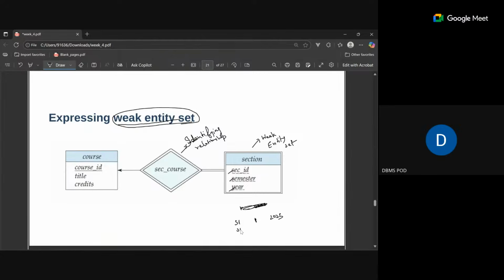Again I will have section ID 2 or 1, again first semester, again 2025, again section 1 2025. I can have this in this section, because I don't know whether all these sections point to one course or different courses. If they point to different courses, it makes valid sense to have this, right? Because every course has some section, semester, years, and you will have around 100 courses in a university.